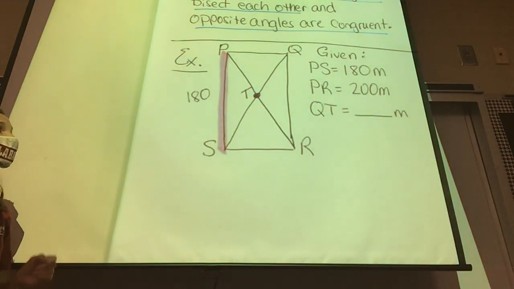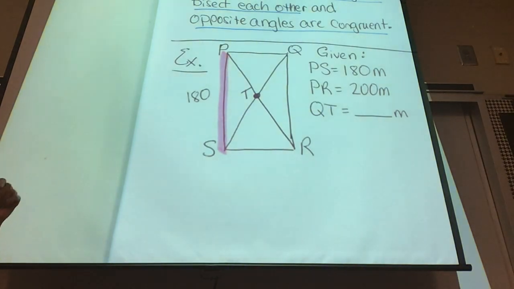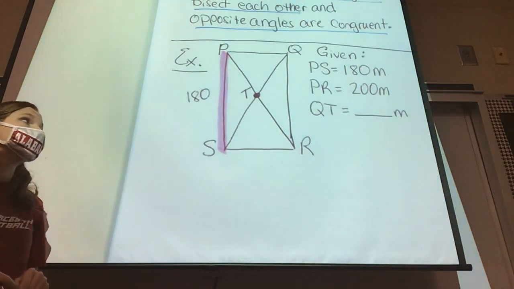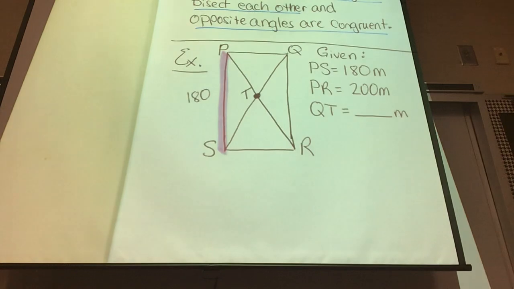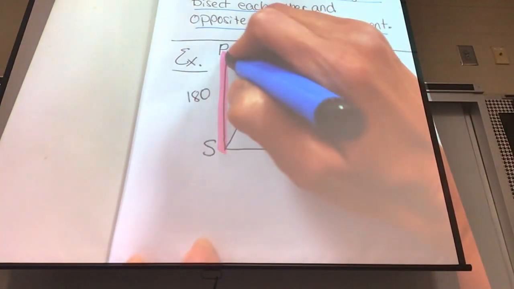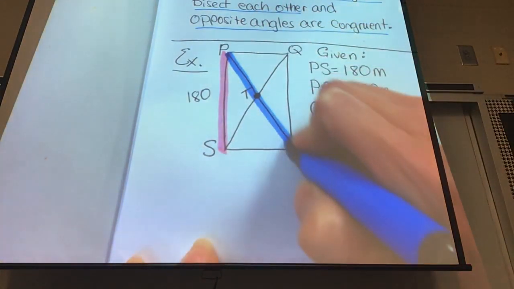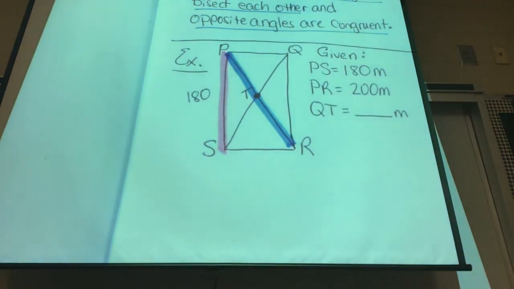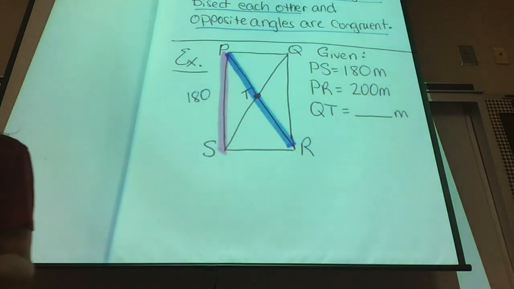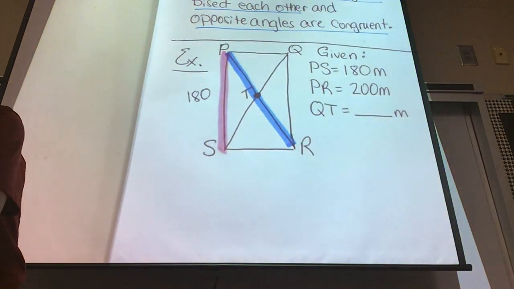Now, I also know that PR, okay, PR, that's my diagonal. So PR is this piece. That's the entire line. So that is the piece they gave me that was 200.